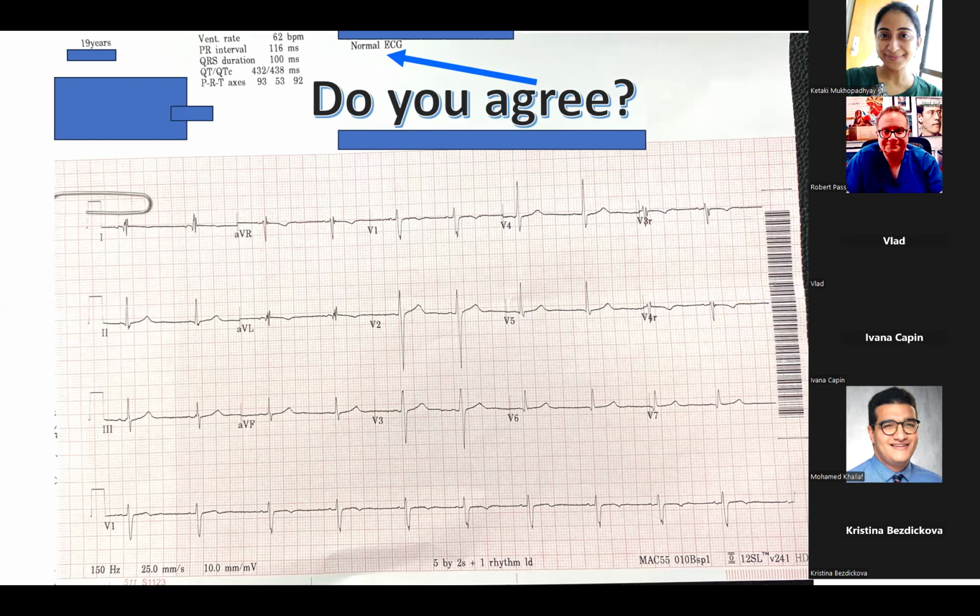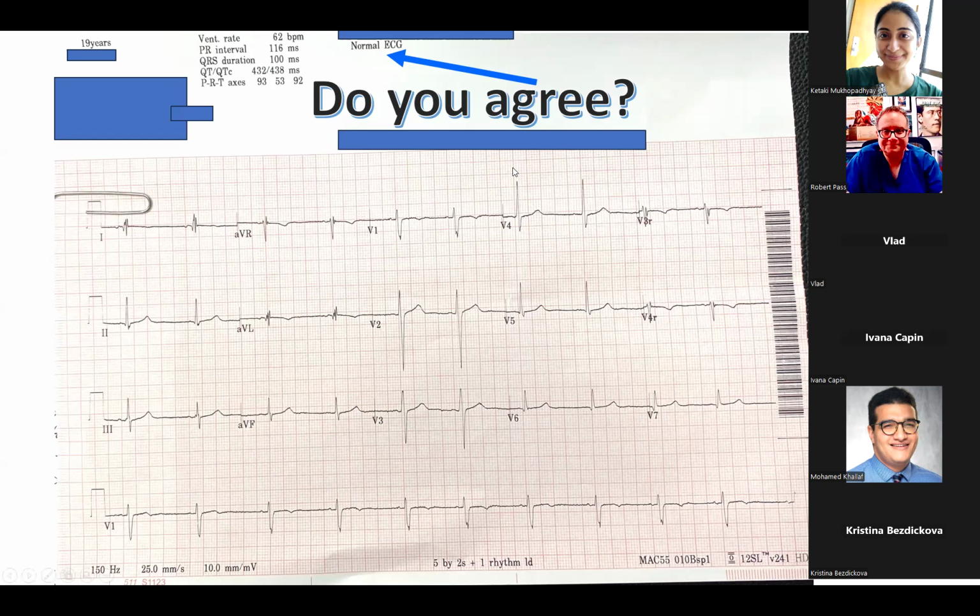So if we said there's a P before every QRS, that's one important factor in determining it's sinus. But what's the other one? It should be upright in one. Right. Is it upright in one?